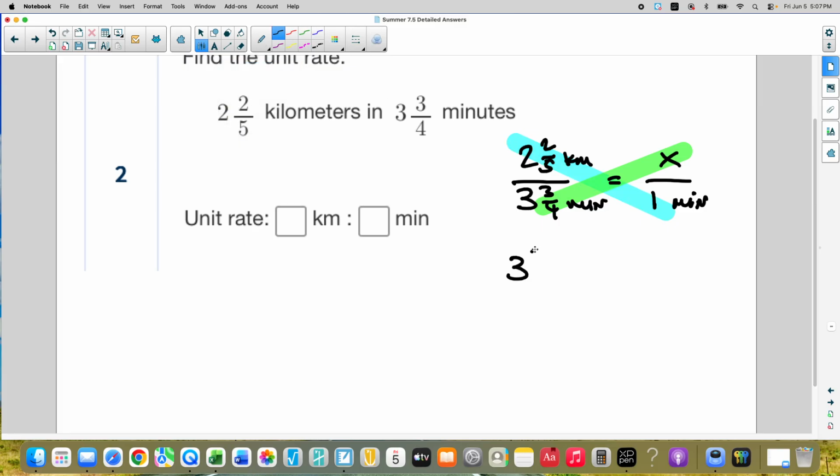So we have 3 3/4 times x equals 2 2/5 times 1. Whenever we do this, we're going to change this. That's 4 times 3 is 12, plus 3 is 15/4.